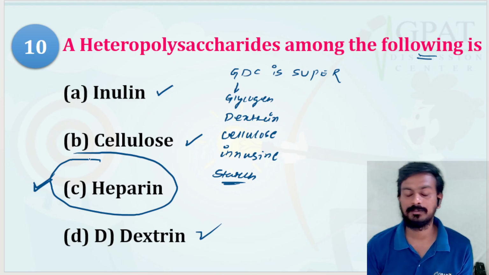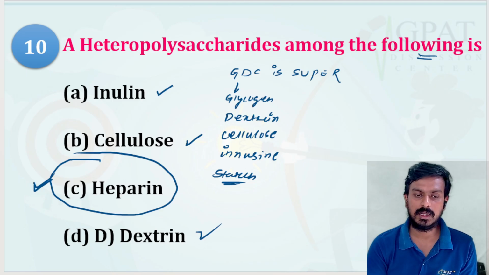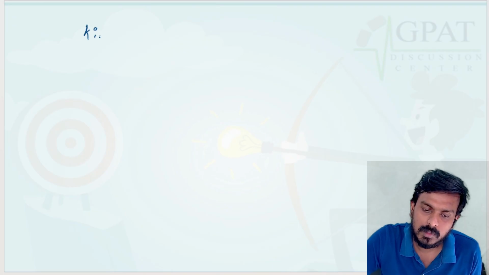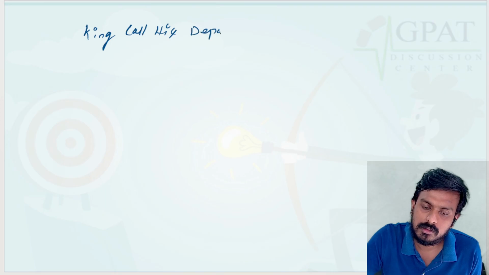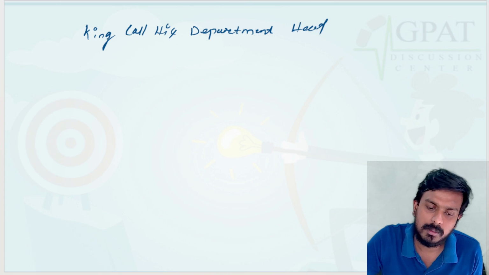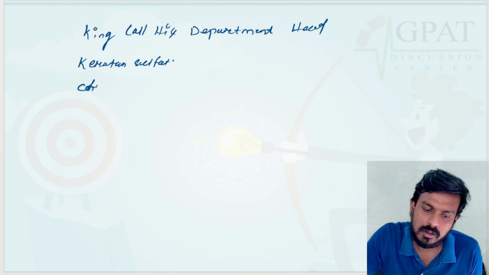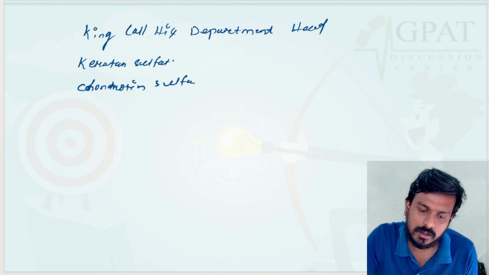To remember the heteropolysaccharides, there is also one mnemonic. Okay, I want to share that mnemonic with you guys so that you can remember it. That mnemonic is: King call his department head. K stands for keratan sulfate. C stands for chondroitin sulfate.